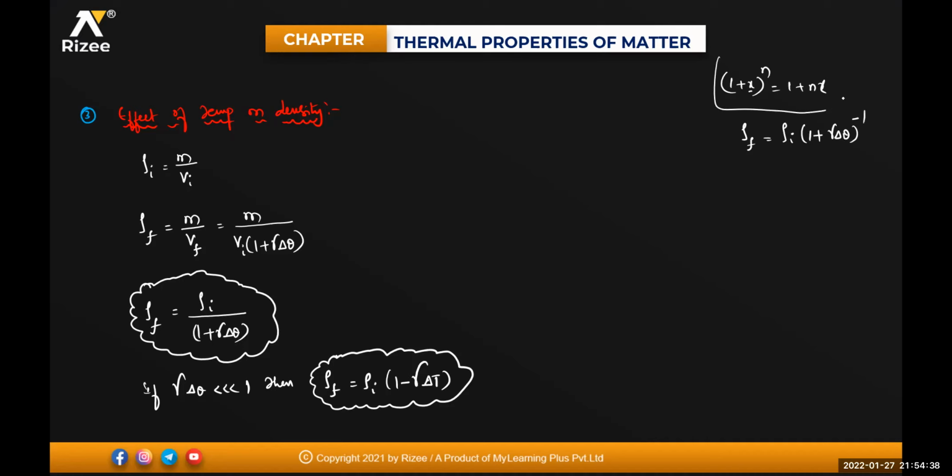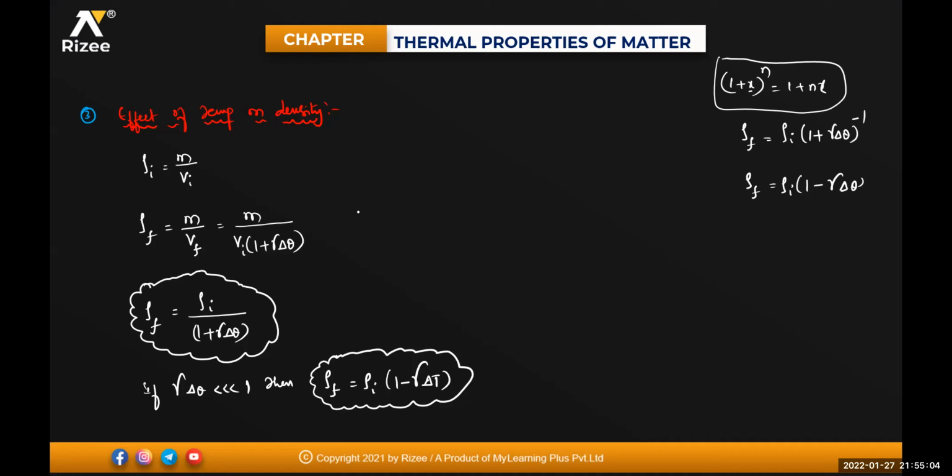If I use this formula to simplify this one, binomial expansion, rho final will be equal to your rho initial into 1 minus gamma into delta theta, because this minus 1 I am multiplying here. Isn't it? If here it is plus, here it will become minus.